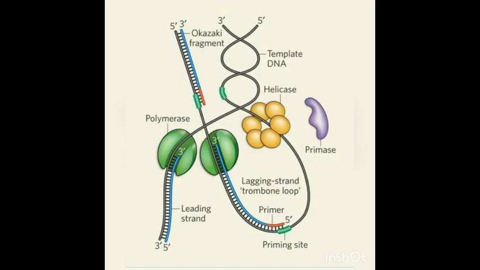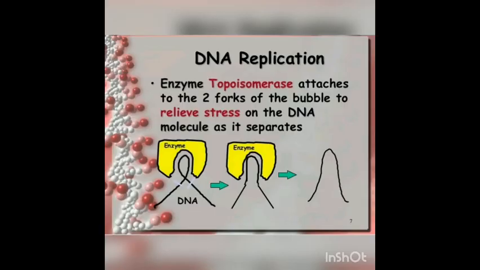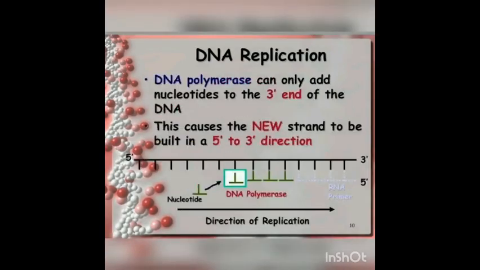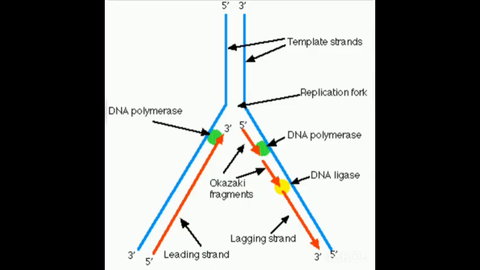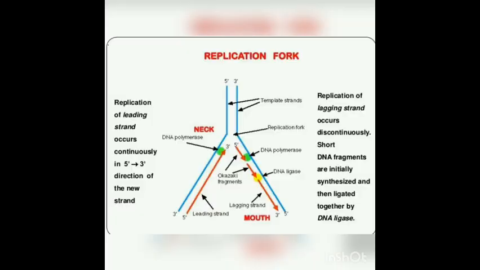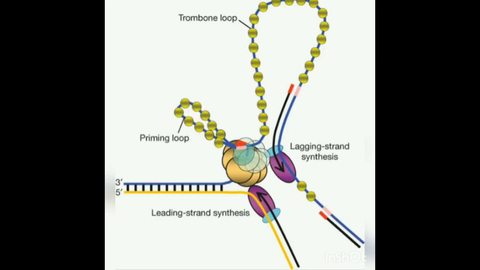At the origin of replication, the helicases and topoisomerases, also called DNA gyrase, unwind and pull apart the strands, forming the Y-shaped structure called the replication fork. You can see the replication fork clearly in this picture. There are 2 replication forks at each origin.